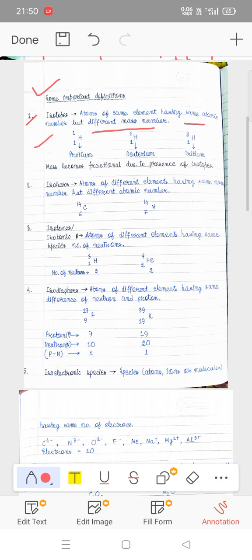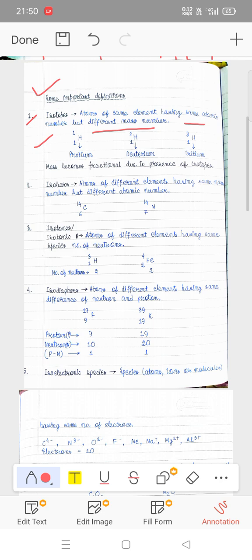Such as we have taken the example of hydrogen: protium 1,1 H, deuterium 2,1 H, tritium 3,1 H. Sometimes we say heavy water, but the formula of water is H2O. So what is that? Deuterium. Water consists of two elements, hydrogen and oxygen. That hydrogen is deuterium, so we call it heavy water.